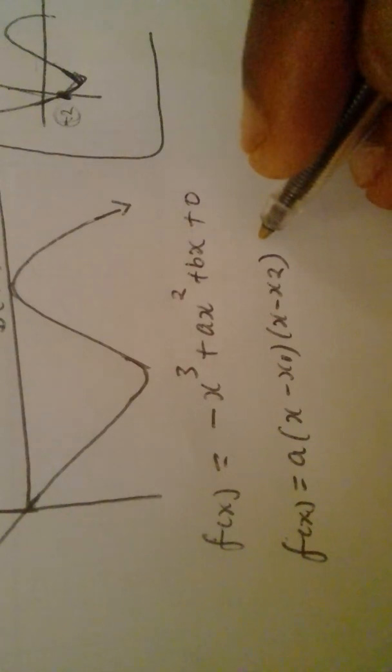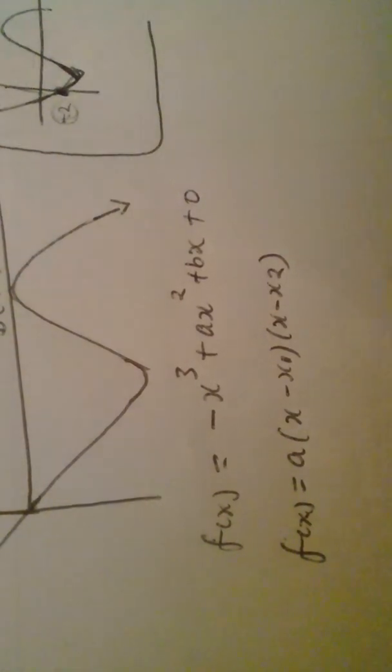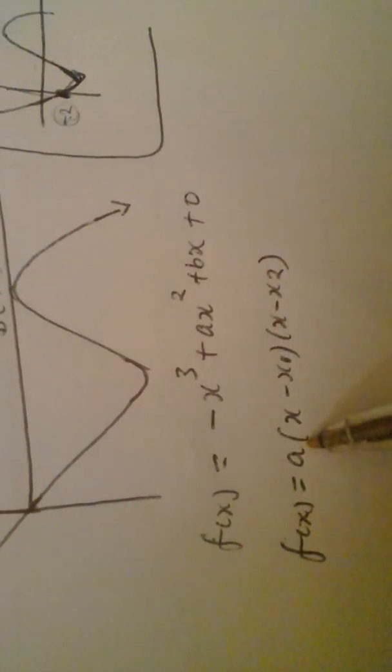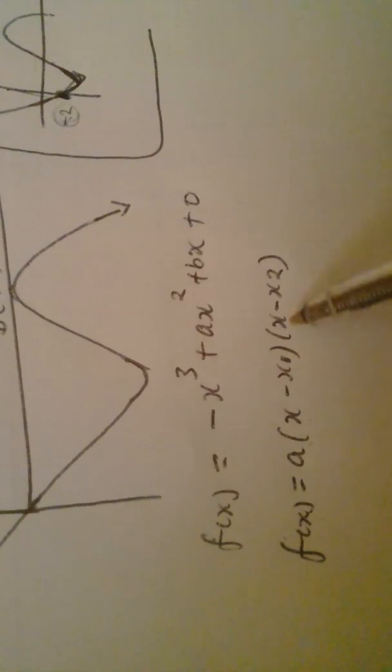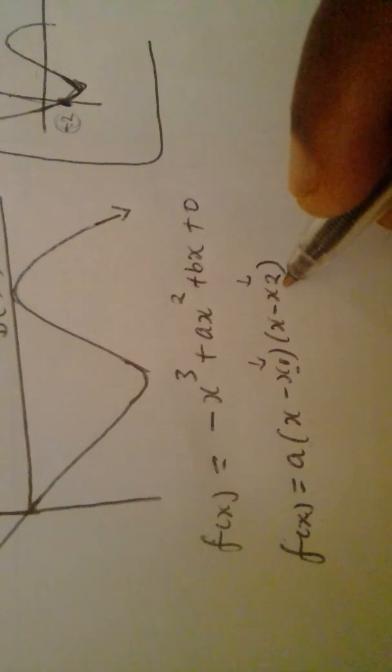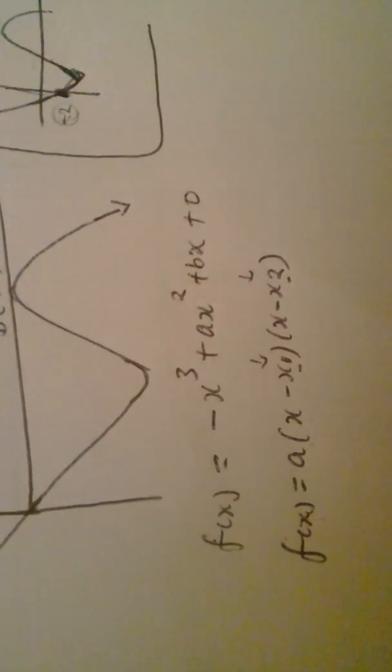There is another factor I will add, x minus x3, but let me stop here a little bit and talk about this one. f of x equals a times x minus x1 times x minus x2. This one is used in a parabolic function, where x1 and x2 are the x-intercepts.